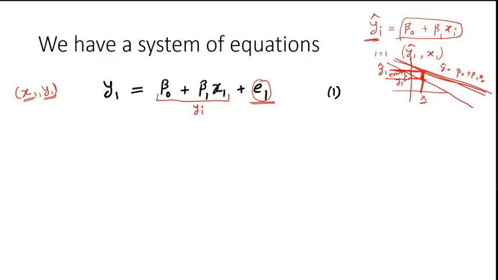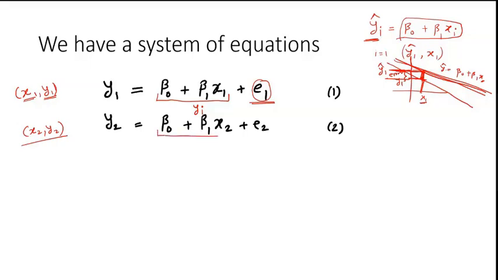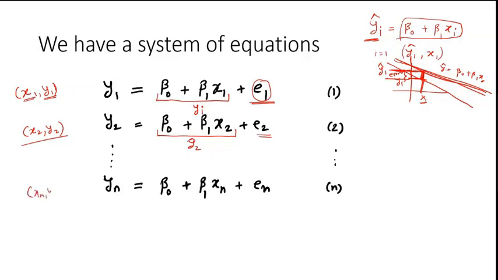Now if I take the second sample, then I am talking about x2 comma y2. For y2, the actual value y2 is equal to this estimated value of y2 plus the corresponding error. So I can keep on writing this for all the available training samples, and I can write all these equations.